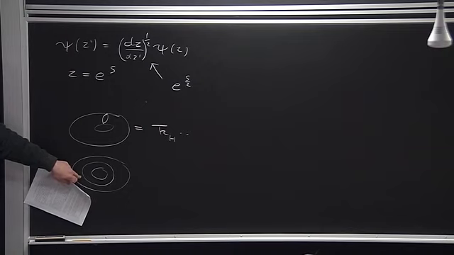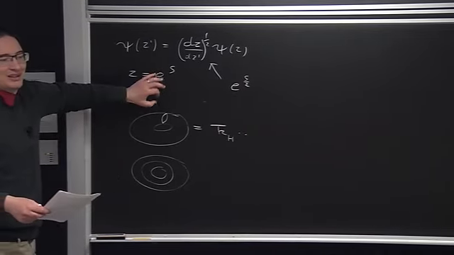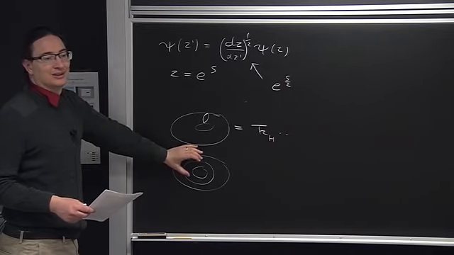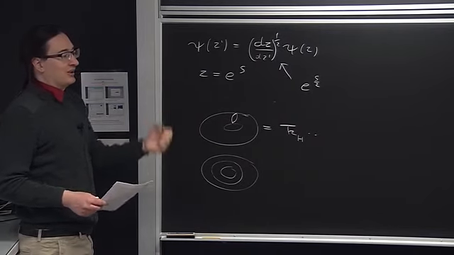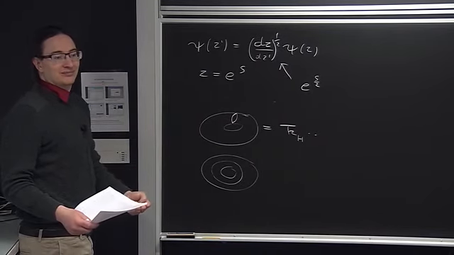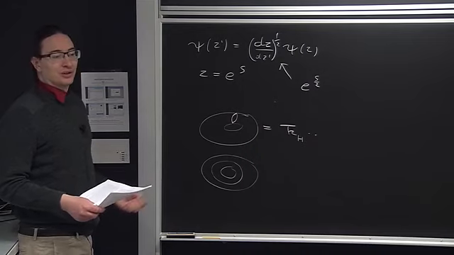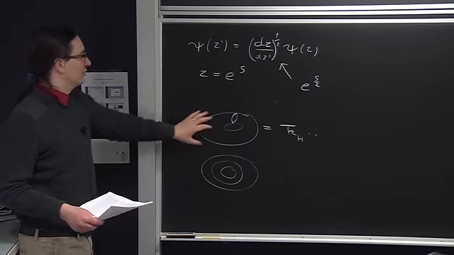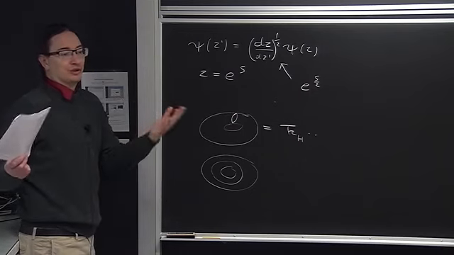And I might discover that it's not a trace on the same Hilbert space anymore. So that's inconsistent. My theory should assign the same space of states on a circle, no matter if it's this circle or this circle. So I get a constraint on the list of operators I included in the theory: that the partition function I compute only depends on the torus itself and not on how I cut it. That's one example of the possible constraints.